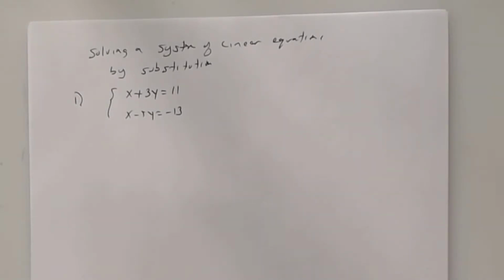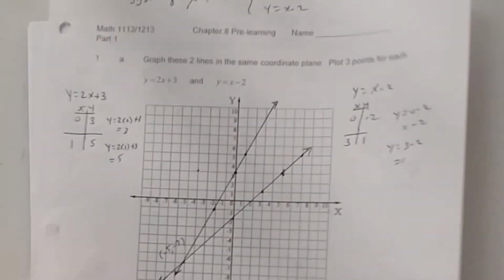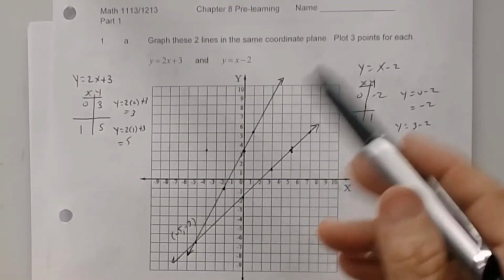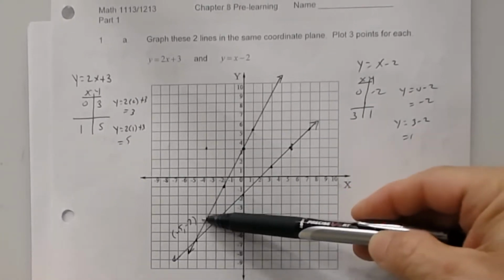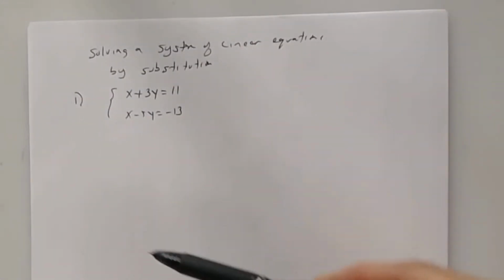But we did graphing just to give you the idea that solving a system basically means finding out where the two lines intersect, because that's a solution. So when you solve a system, you're basically finding the solution that they both have in common.